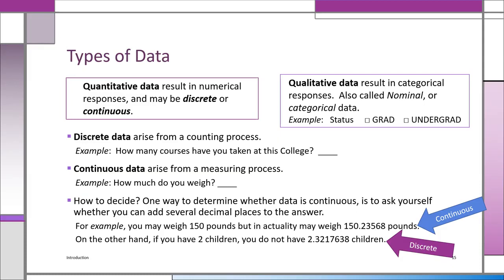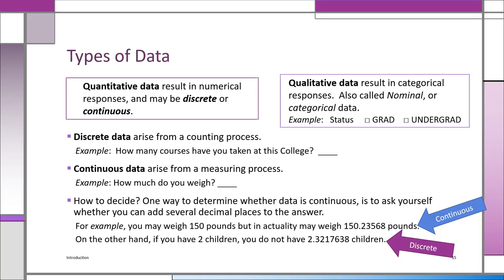That's a number. It's an integer. You're not going to split that up and have a decimal component there. There are no fractions. If I ask you how many siblings you have, you're not going to say 1.273. You're going to say 1, 2, 3, whatever. If I ask you how many rooms are in your house, that's a counting process.